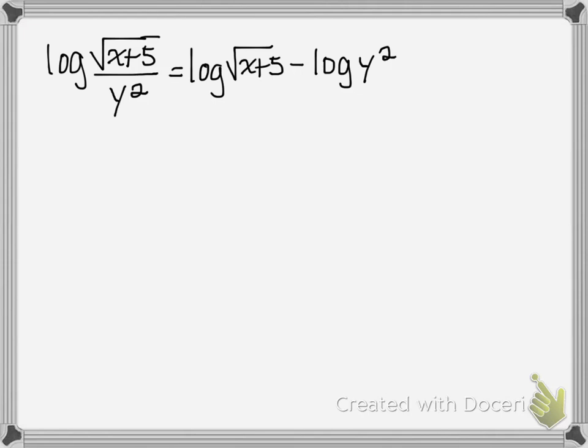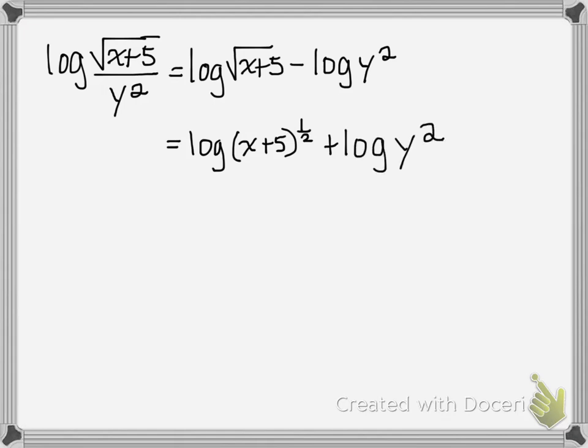We're going to take a brief aside here to rewrite the radical in exponential form. So radical x plus 5 is x plus 5 to the 1/2. And then for both of these terms, we can apply the power property.